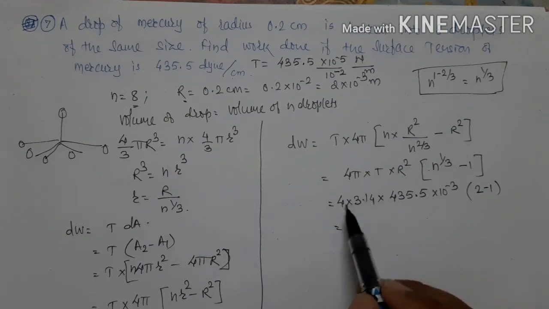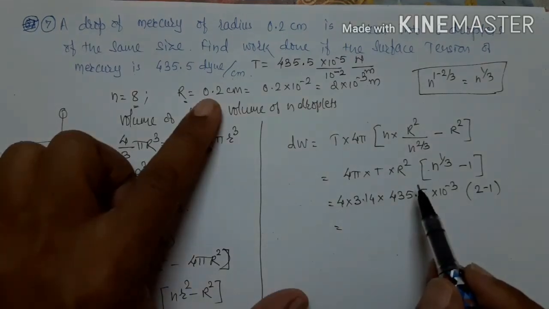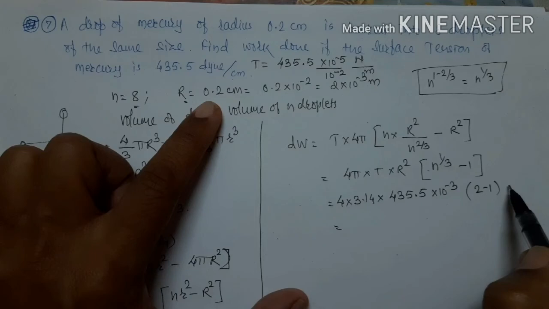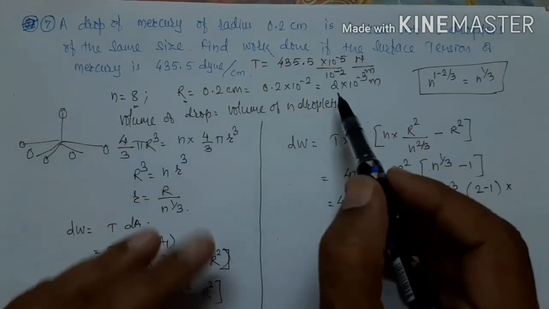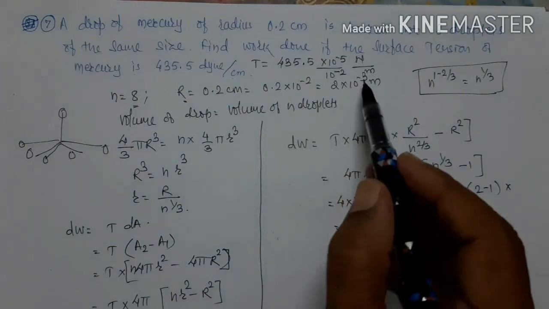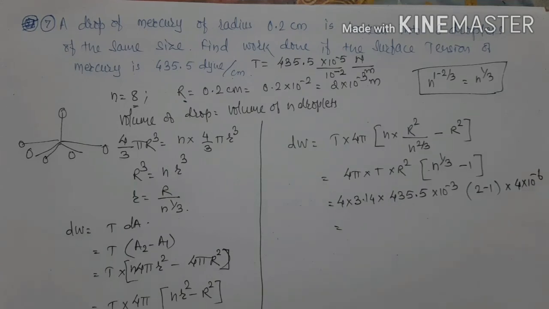What remains here? 4 pi capital T and capital R. Sorry, I will write it as a square of it. It should be equal to 2 into 10 to the power minus 3, which means 4 into 10 to the power of minus 6, square of it.